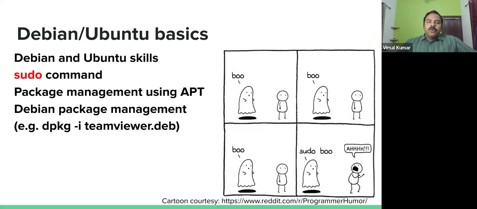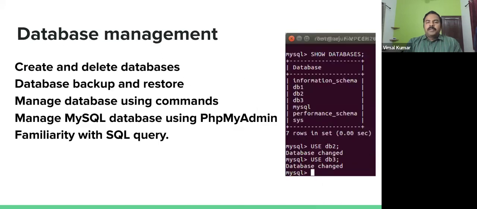So we have to be familiar with Debian or Ubuntu basics. For example, they frequently use the command sudo. Then we have to know how to install a package or new software in Debian, and how to uninstall it. There are specific methods for Debian and Ubuntu. Anyway, we will see these commands tomorrow.